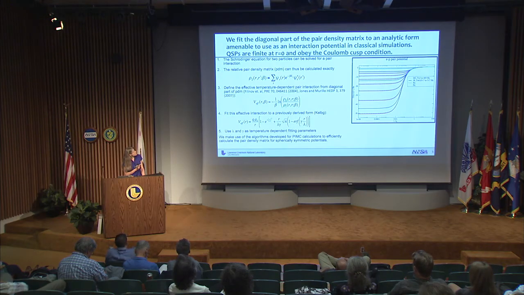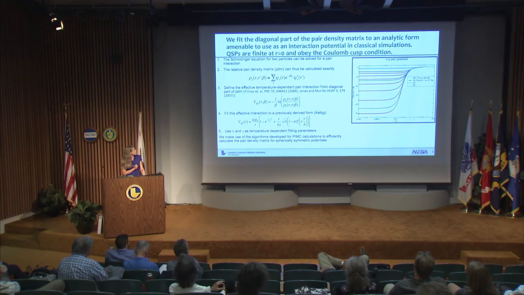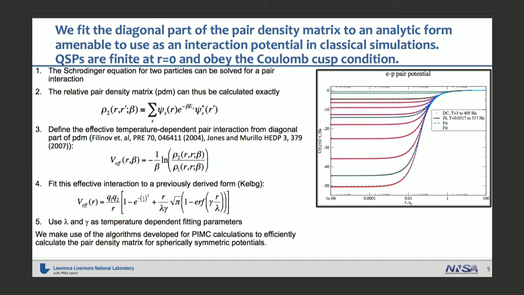So you throw out the off-diagonal pieces, and then if you take the ratio of this pair density matrix to the free particle density matrix, and take the logarithm of that, you can derive a statistical potential. This is a plot that Lauren showed in his talk earlier, showing what these statistical potentials look like for an electron-proton pair. There was some work by the Germans many years ago, back in the 1960s, where Kelbg derived a similar form for this potential.